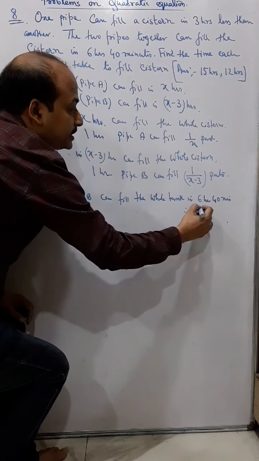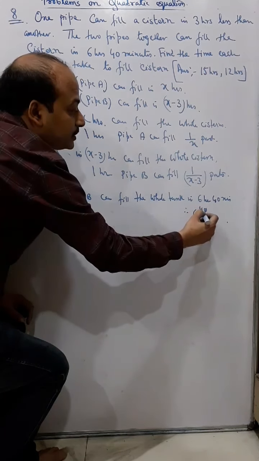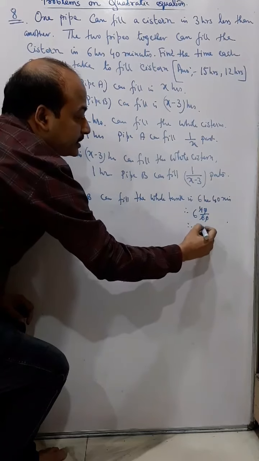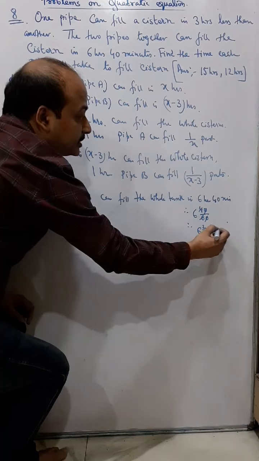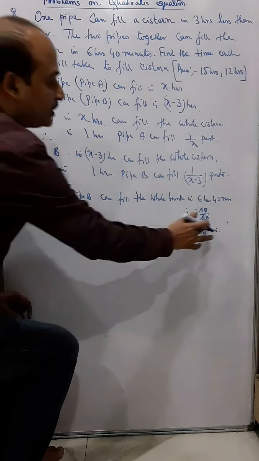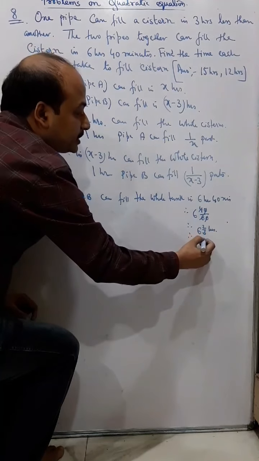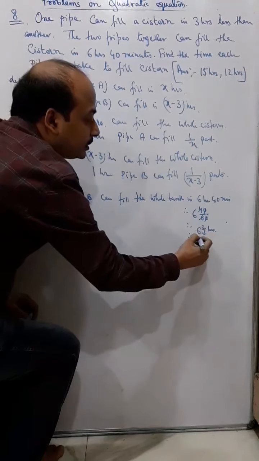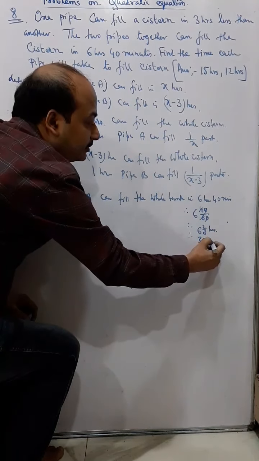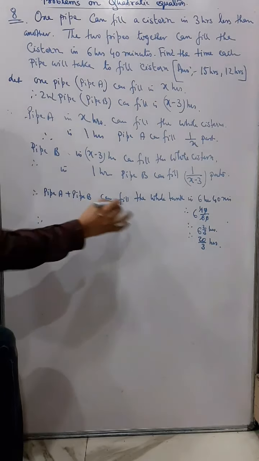That is, I can say it is 6 and 40 by 60, so I get 6 2 by 3 hours, that is 20 by 3 hours.